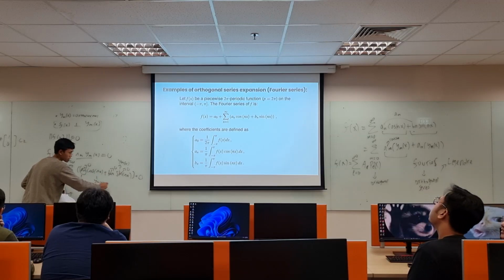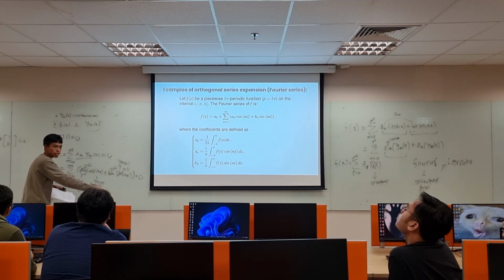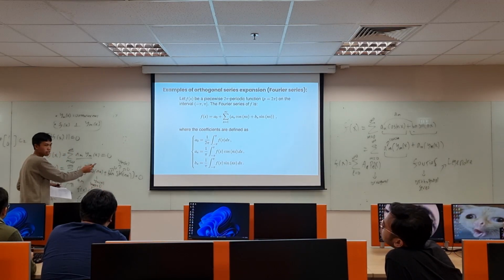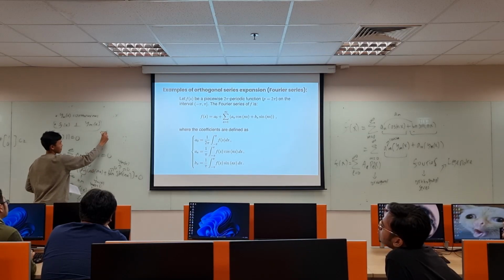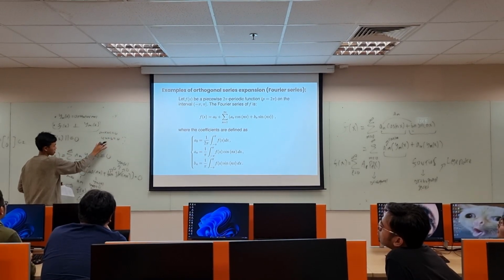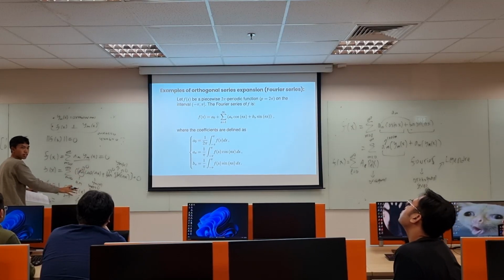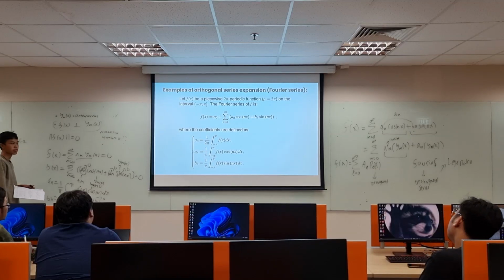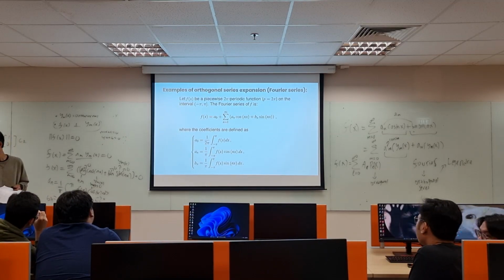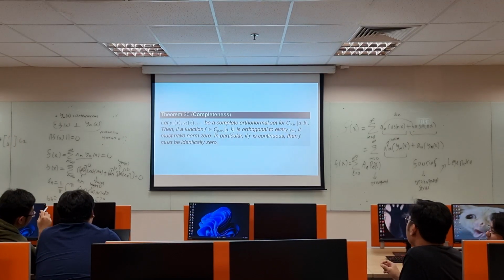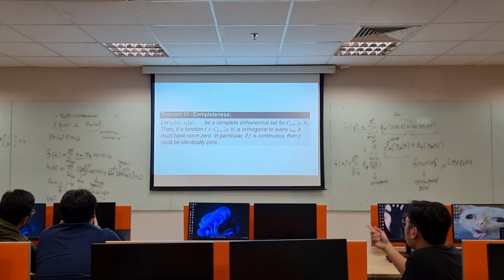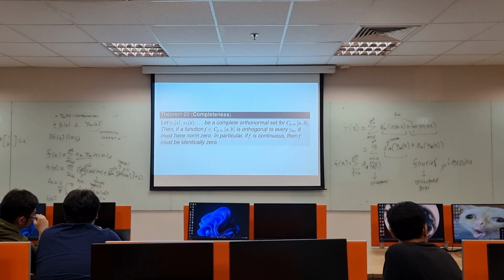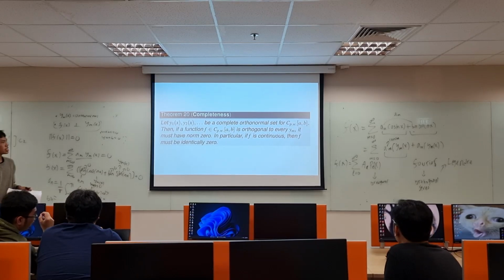It's just that the form is a little different, just like mx plus c plus 0, you can write it as 4x plus 6 plus 0. So that's what theorem 20 is basically saying: completeness.